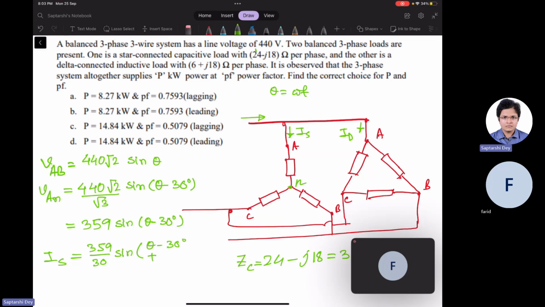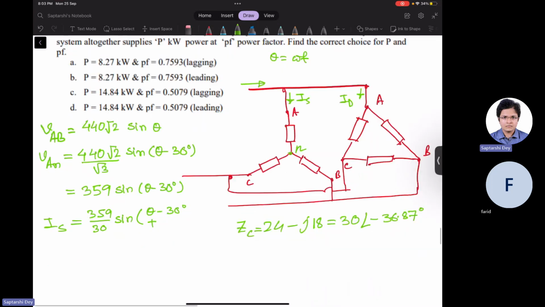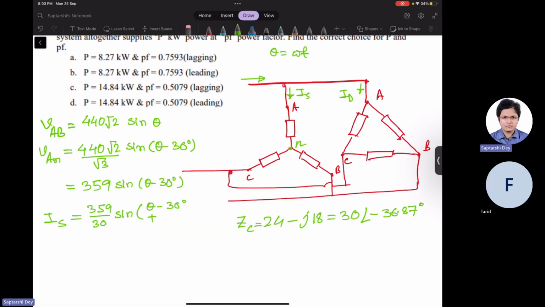Okay. So what we have is this plus 36.87 degree, which comes to be 359 by 30, which is approximately 12 sine theta plus 6.87 degree.